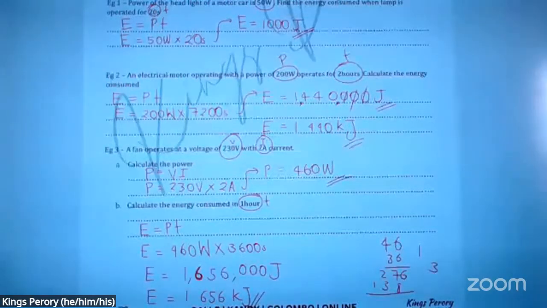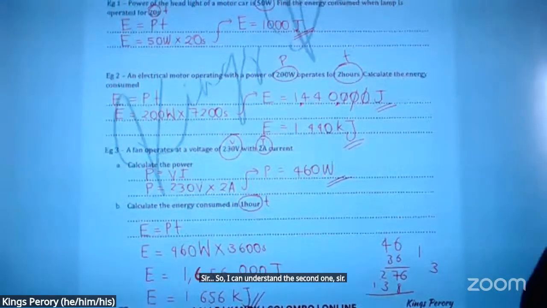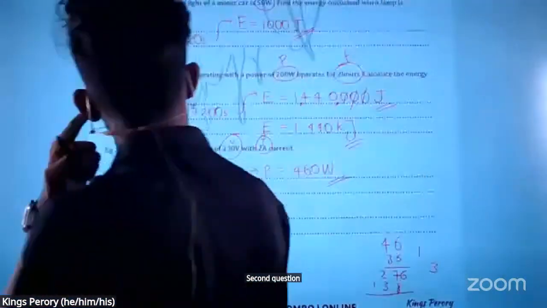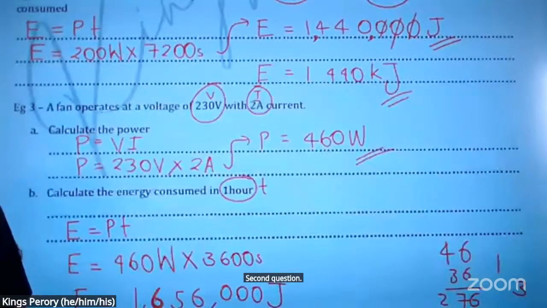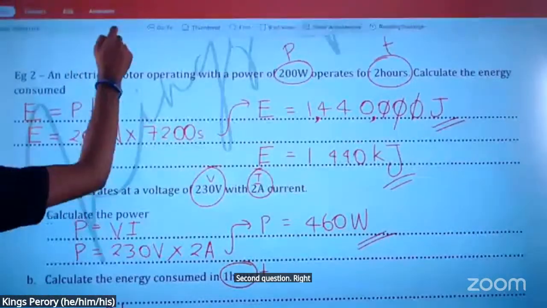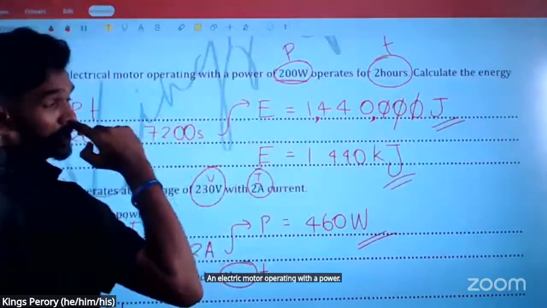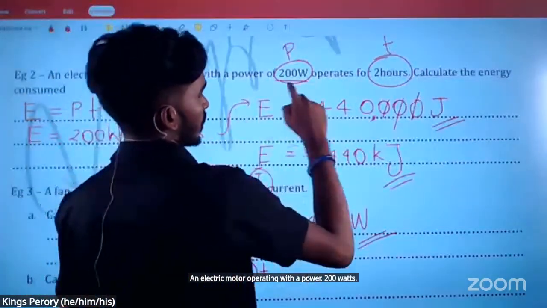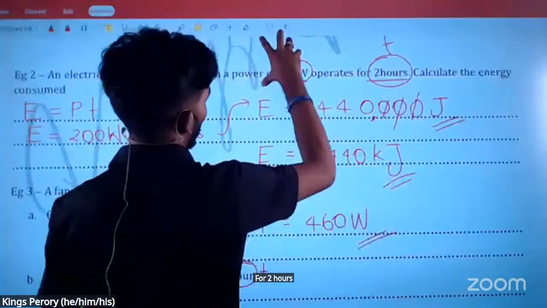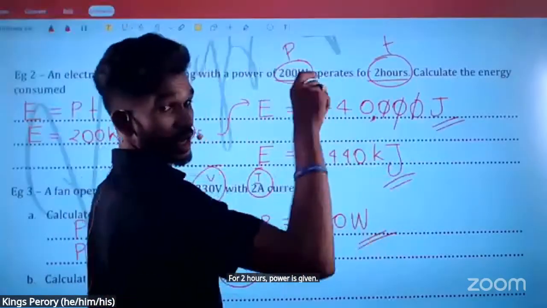Sir, I can understand the second one. Second question. Example 2. An electric motor operating with a power of 200 watts for 2 hours. Power is given, time is given, but time is given in what?